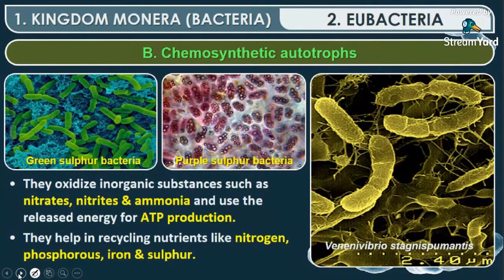All these are recycled by chemosynthetic autotrophic bacteria. For example, green sulfur bacteria and purple sulfur bacteria are the two basic examples of chemosynthetic autotrophic bacteria.